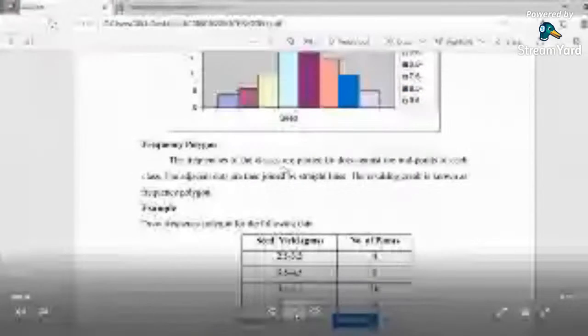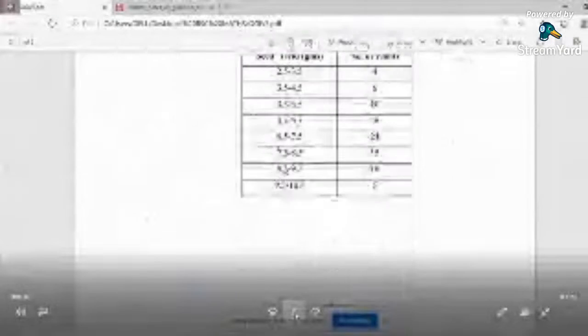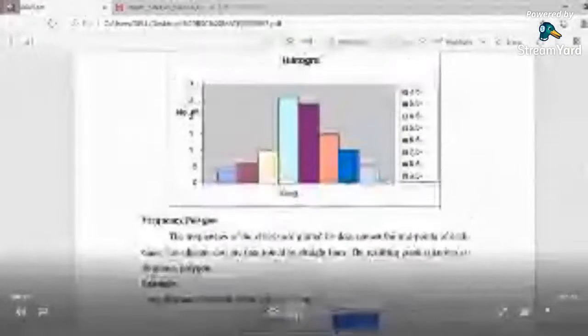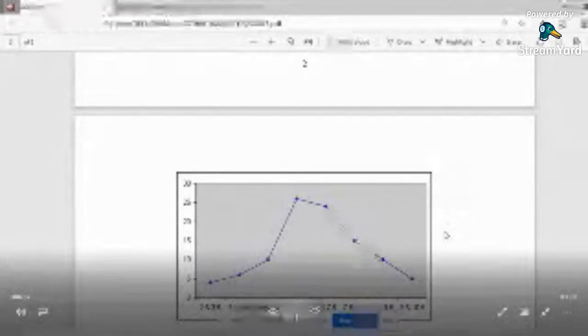So this is an example. Now we can plot the frequency polygon through this histogram. Using the midpoints, just point out the midpoints of each and every pillar, and then plot like this. So that is usually called a frequency polygon.